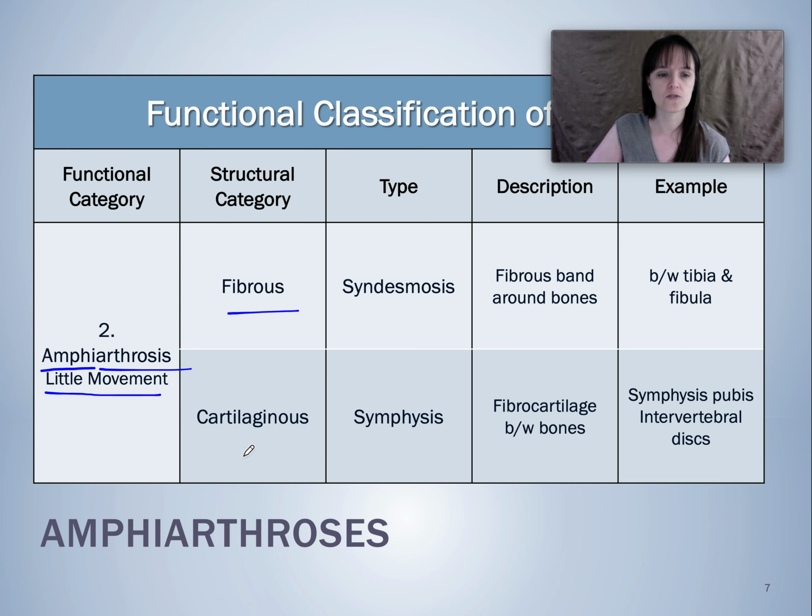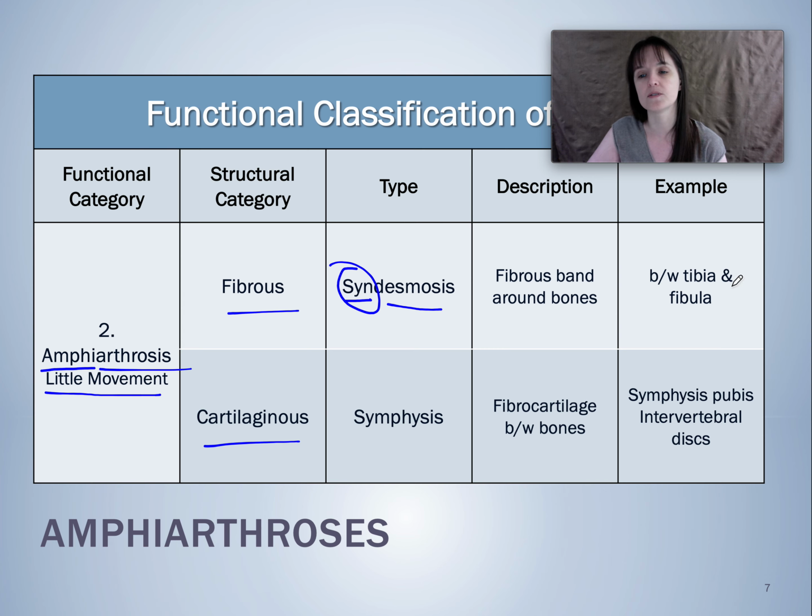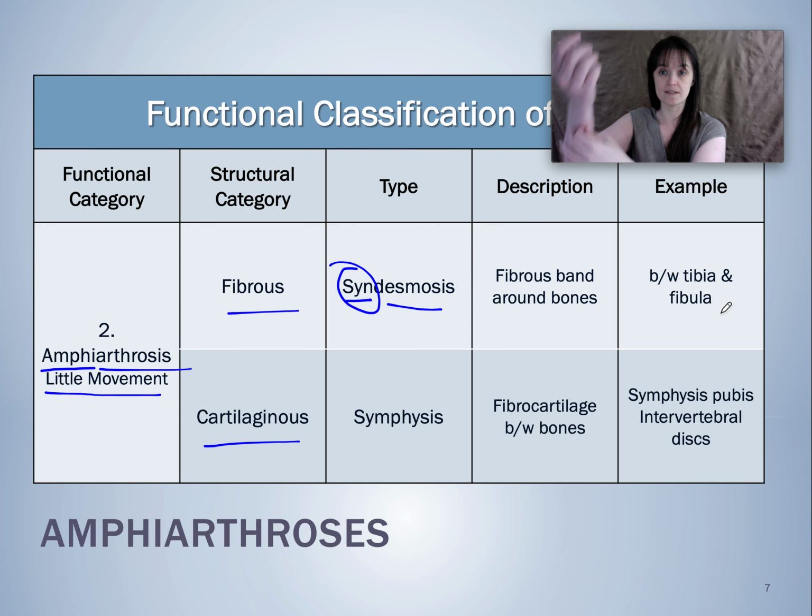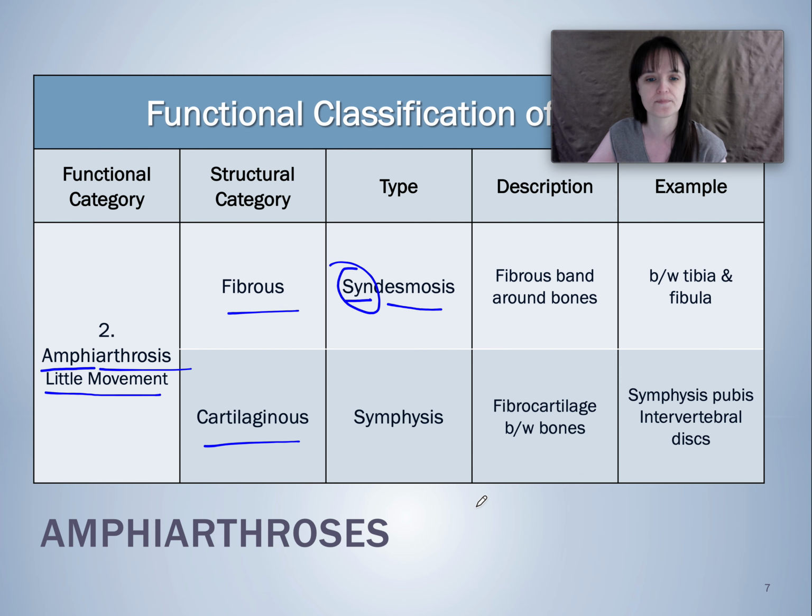So there are two structural categories here, fibrous and cartilaginous. The fibrous one is syn, still syn because it's not a full movement. This one's a syndesmosis, where there's a fibrous band between the bones. You find that between the tibia and fibula, also between the radius and ulna. So they're connected, but they still move independently of each other. And then cartilaginous here is the symphysis, related to the SYN, the fibrocartilaginous joints.